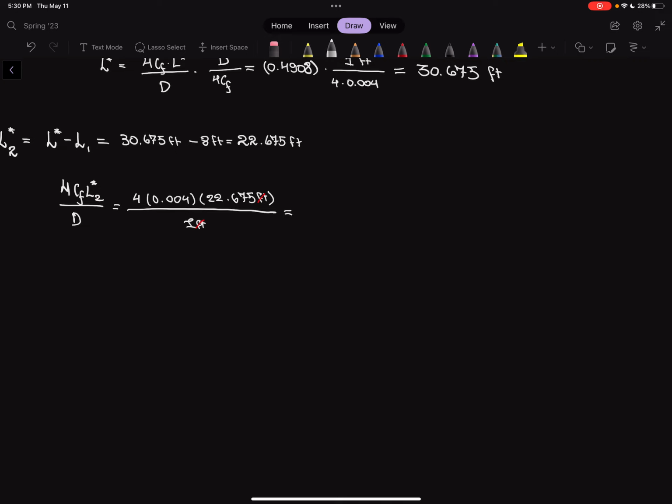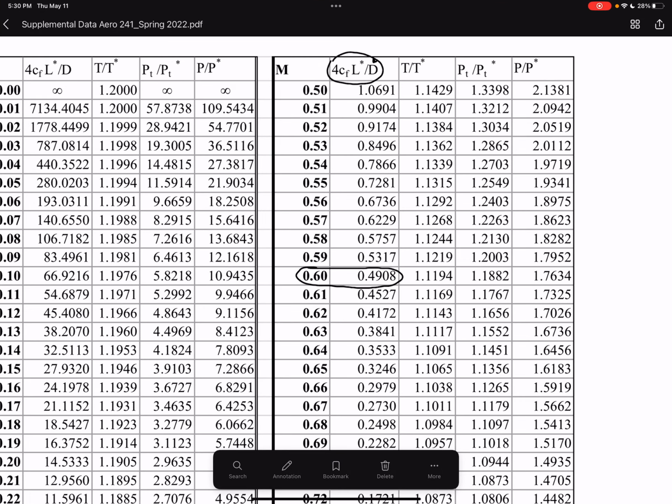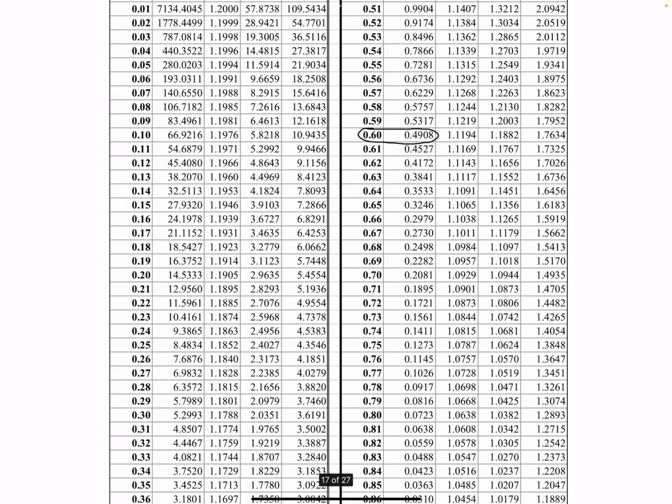So that's going to be 0.3628. Now, from the supplemental data pack, we can say that M2 is going to be equal to, well, let's find where that is, 0.3628.